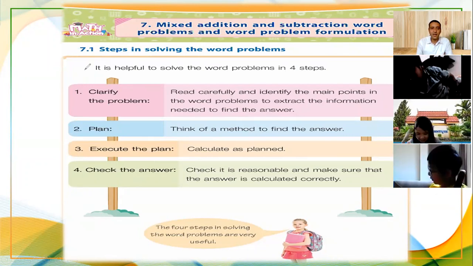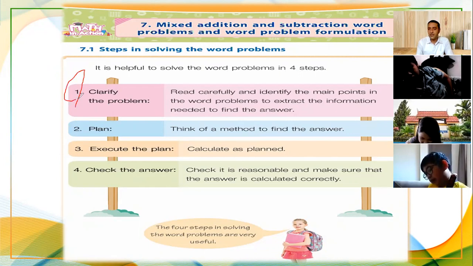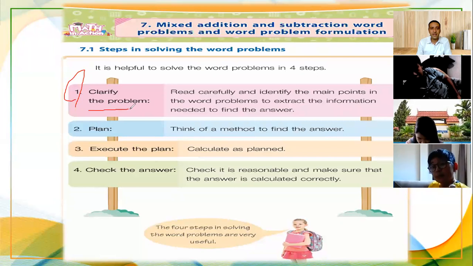Number 1, the first step, if you are going to solve a problem, we have to clarify the problem. So we have to read carefully and identify the main point.